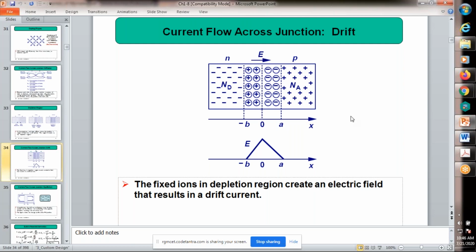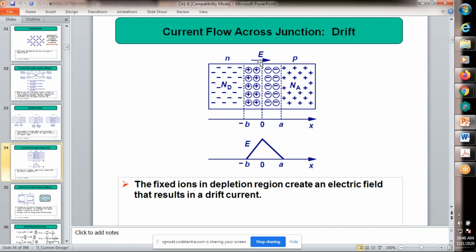Now, whenever an electric field is created, what happens? Already we know there is a relation between electric field and voltage, which we discussed in previous classes also. Once again, I repeat: voltage is equal to minus integration of E dx.